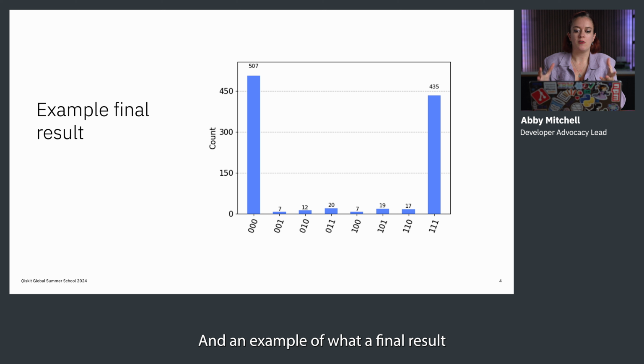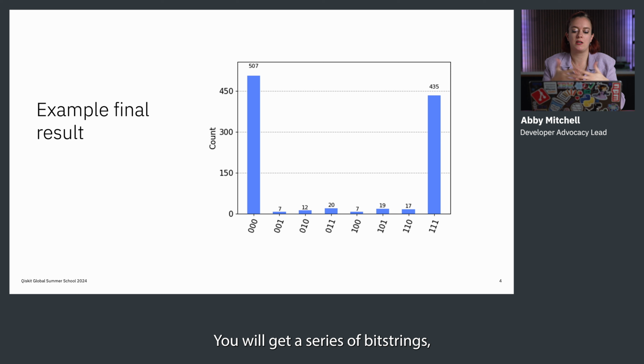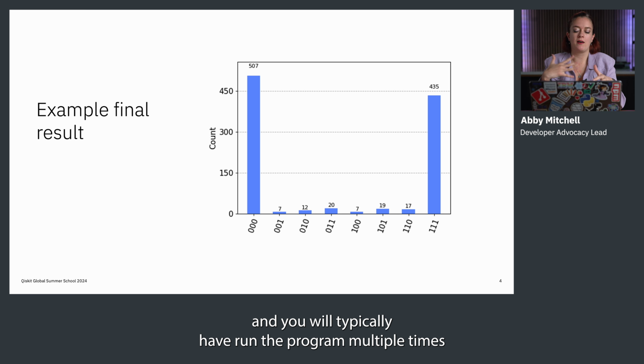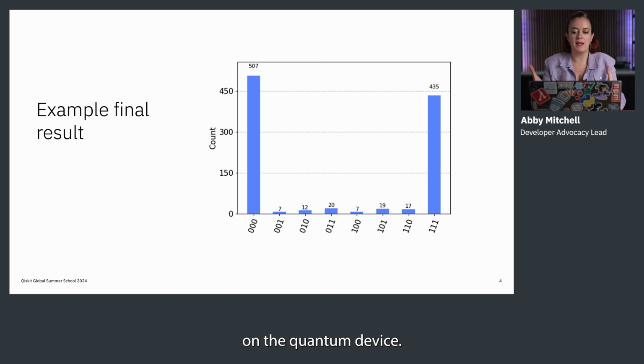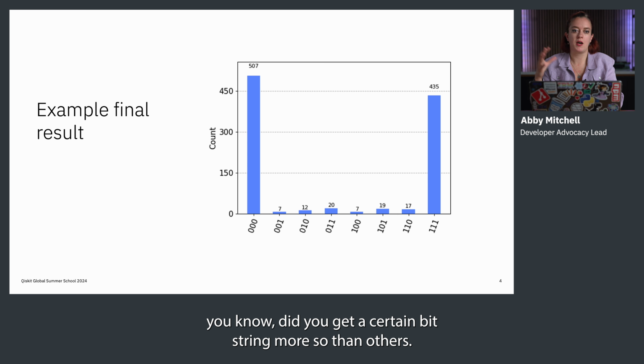And an example of what a final result might look like from a quantum program is something like this. You will get a series of bit strings, many zeros and ones, in a classical format, and you will typically have run the program multiple times on the quantum device, so you will get probabilities back of how often you got a certain bit string more so than others.